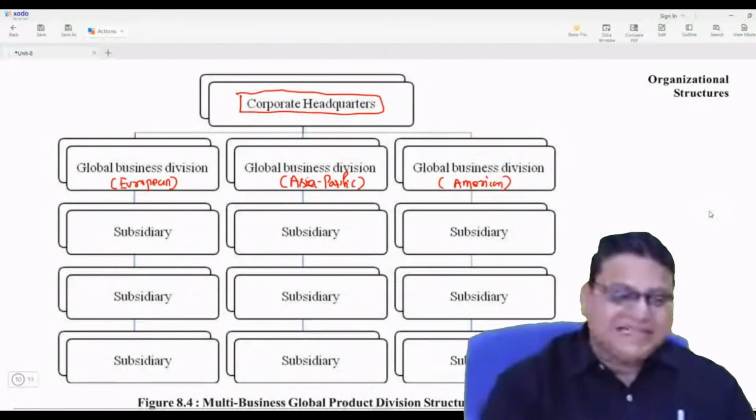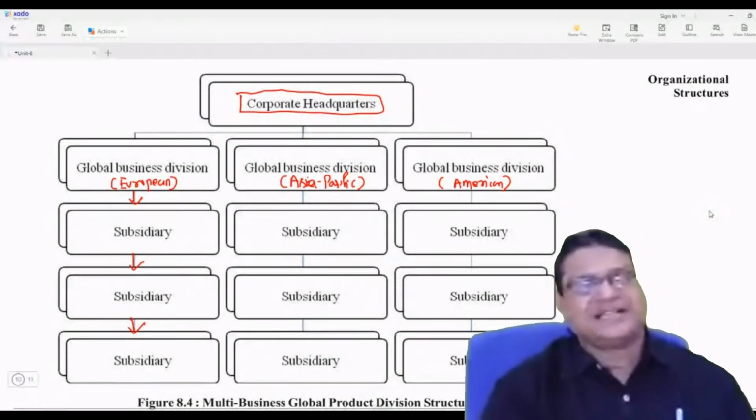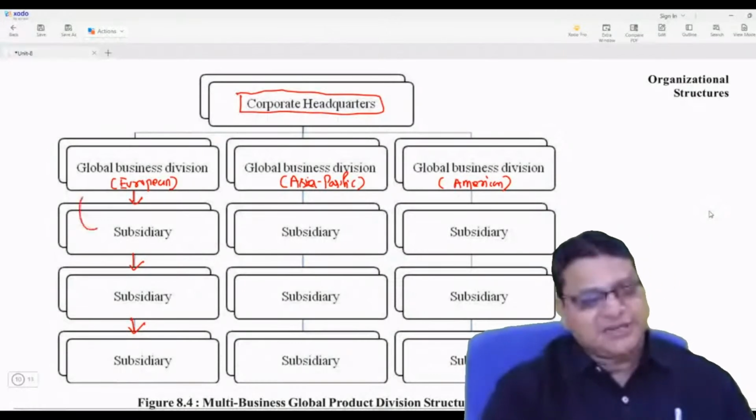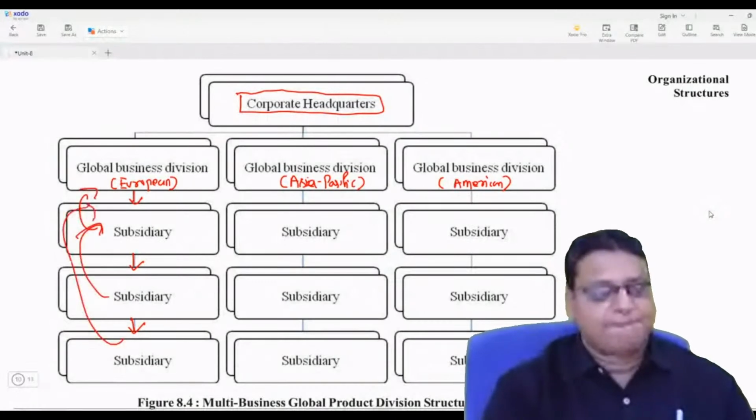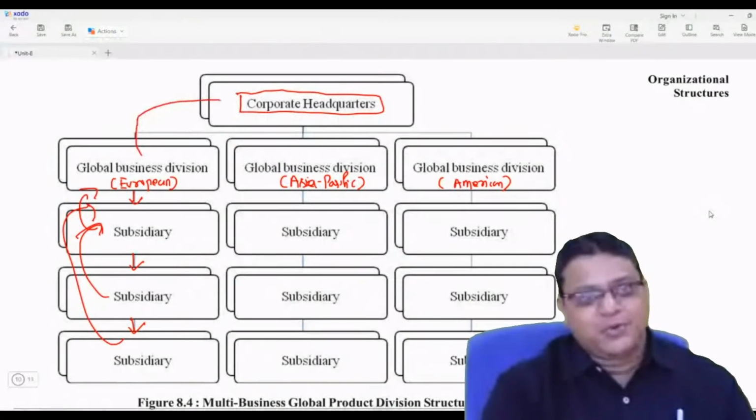And in each division, there will be many subsidiary companies created. And these subsidiaries report to the global divisional heads. These subsidiaries will report to this. And this particular global business division will report to the European divisional head, who will report to headquarters.